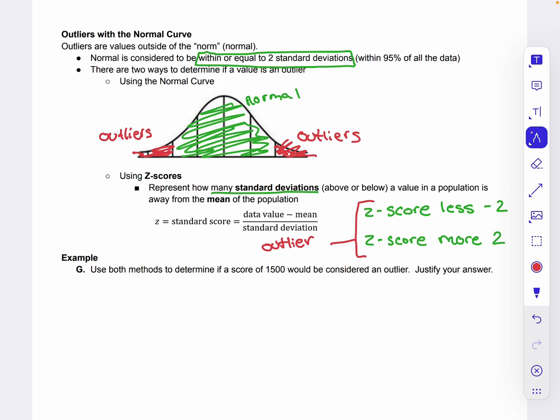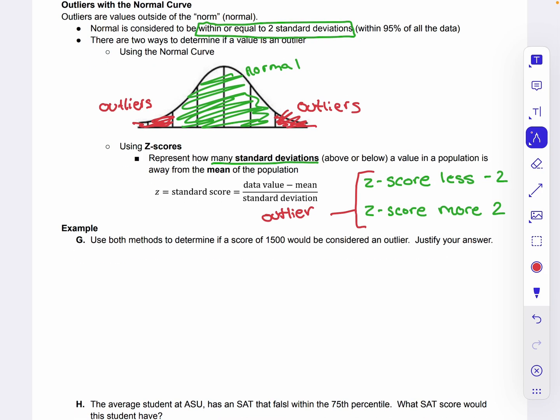We're going to do an example, still going with that SAT data, and look at how we could justify an outlier using just the normal curve and how we could justify it using z-scores. We're going to start with the normal curve one because we've already drawn a normal curve for this situation, and then we'll move into the z-scores. So we have a score of 1500. Is it an outlier? Justify your answer.